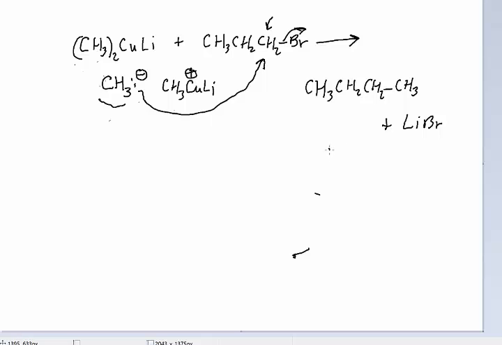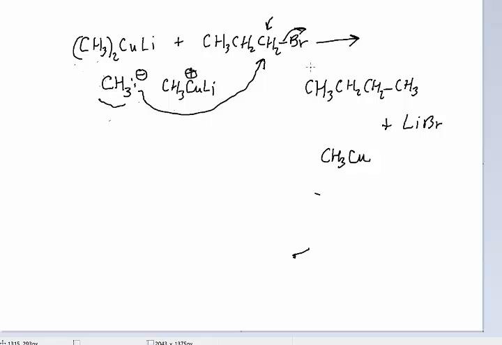Methyl copper it's called, and you just write that as CH3Cu. All right, so here are the products for that reaction, and that's how you figure out what they are.